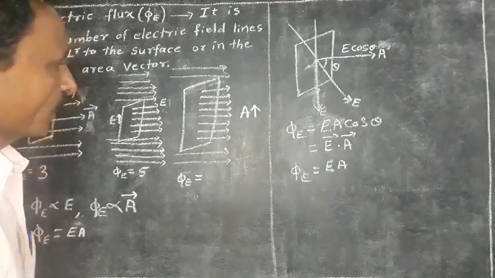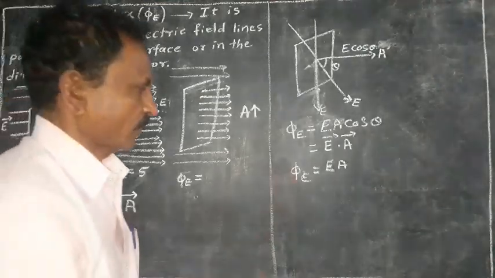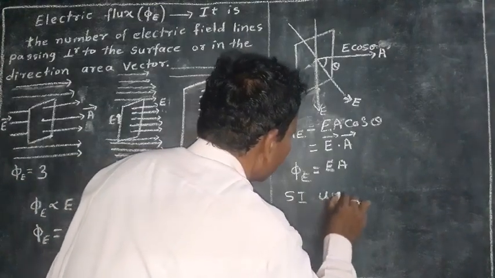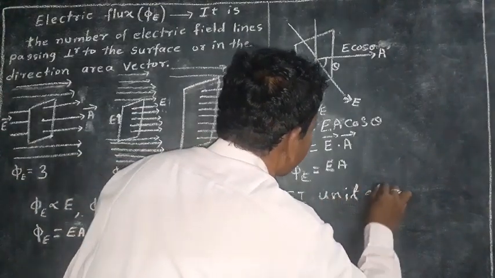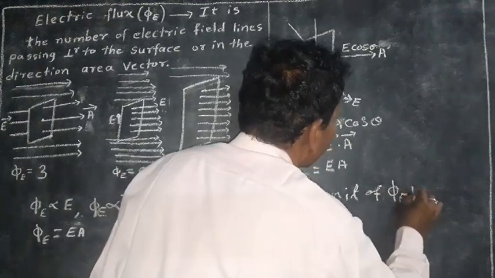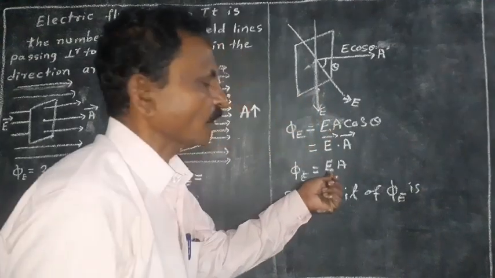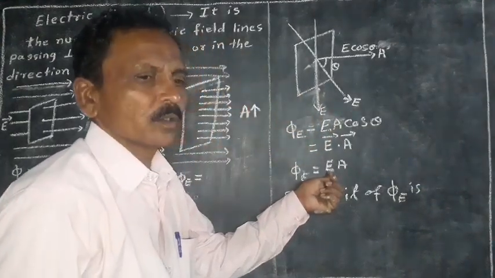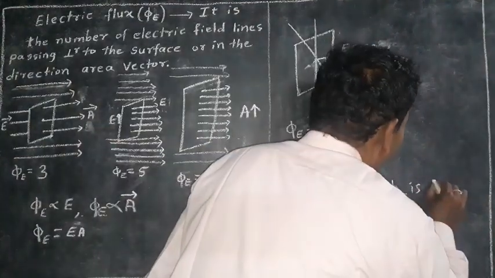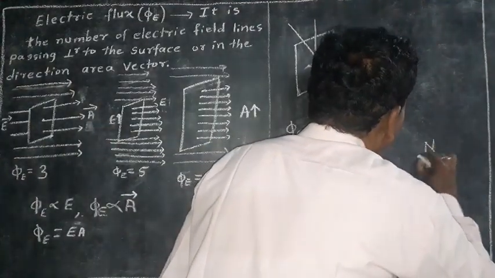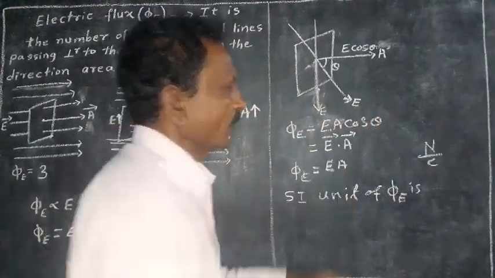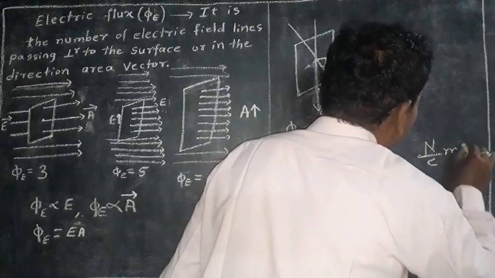And here the SI unit of electric flux phi E: the SI unit of electric intensity is force per unit charge, that is Newton per coulomb, into the SI unit of area, which is meter square.